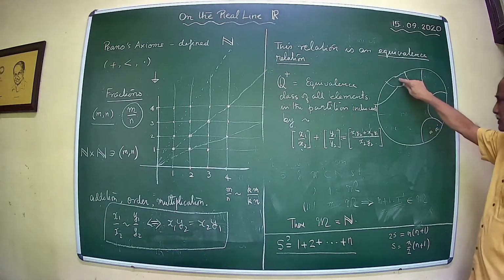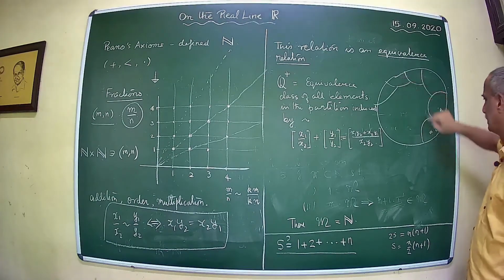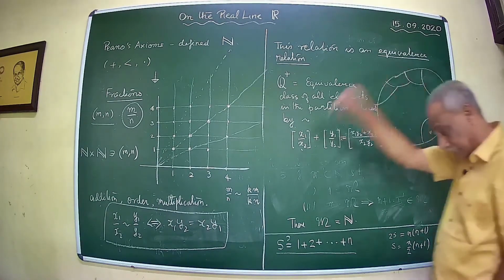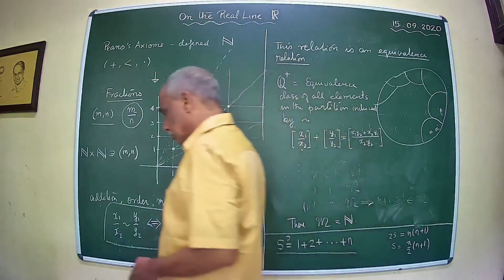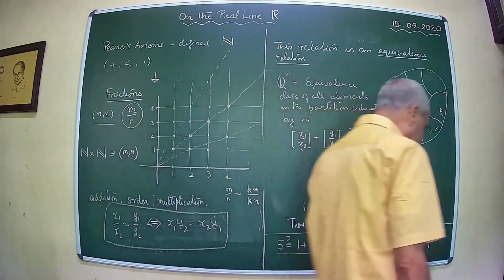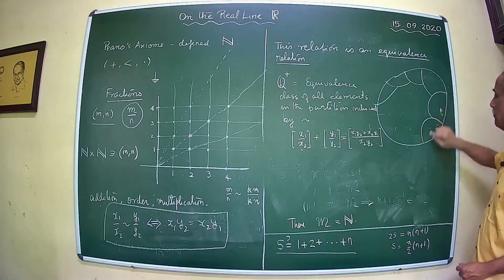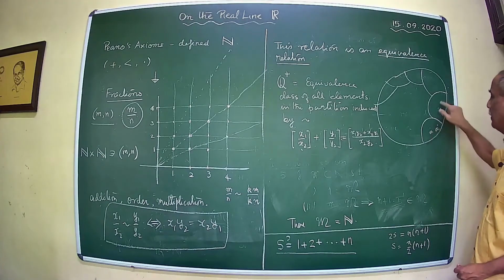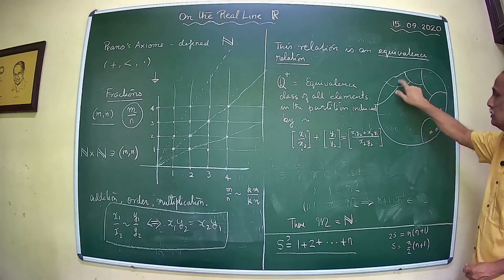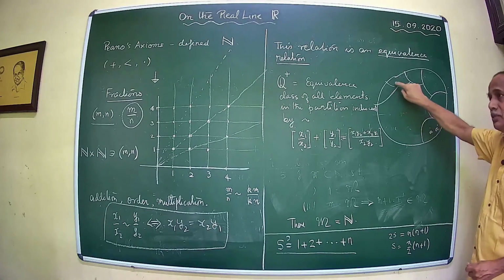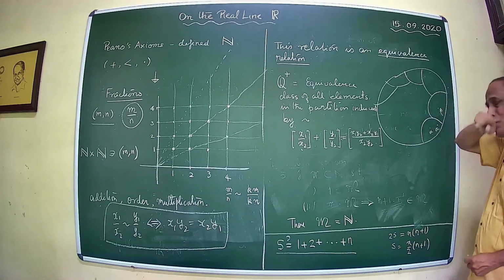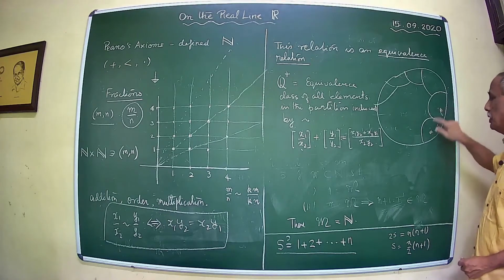Search for that box, and that box will be designated as the sum of these two. Does it make sense? That's the problem. It makes sense provided, irrespective of the representative fractions you choose from alpha and beta, you reach the same block. So it is independent of the choice of these things.